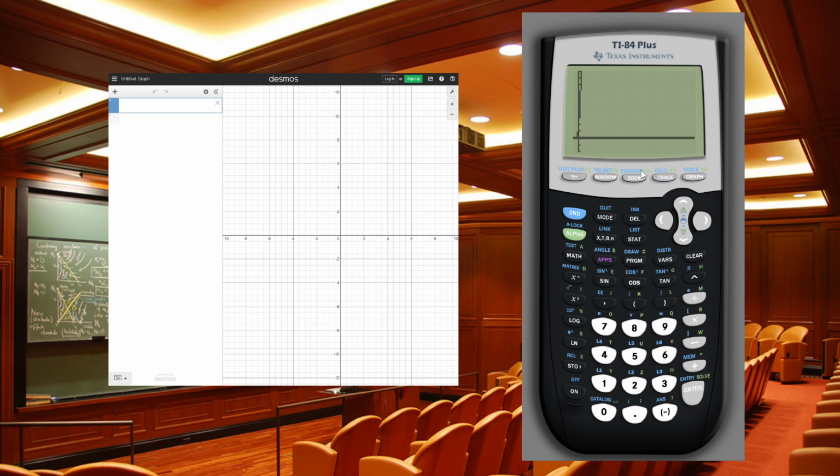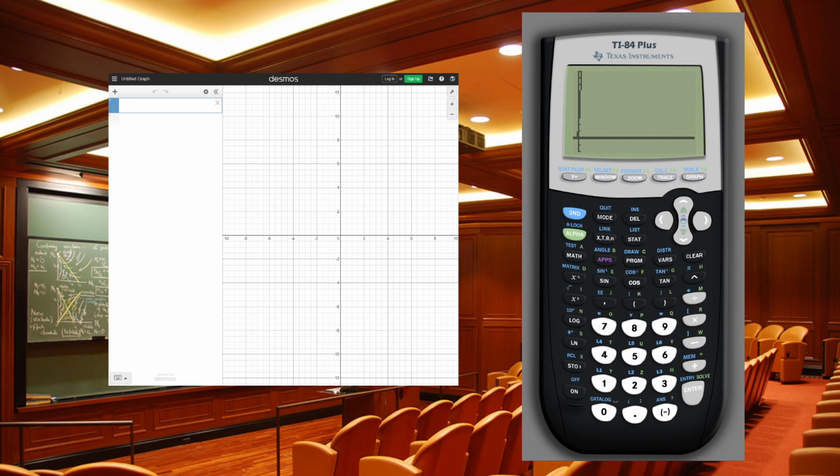But then these second functions we use frequently as well: setting a table, using the calculator to find places of intersection, and looking at the table itself instead of a graph. So again, to get there is second, and then these buttons will send you to that blue option.